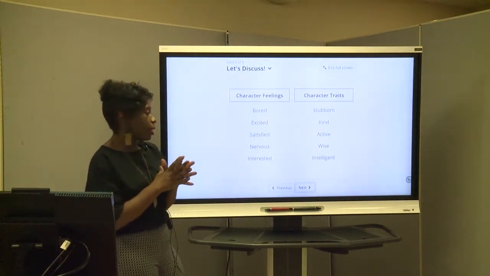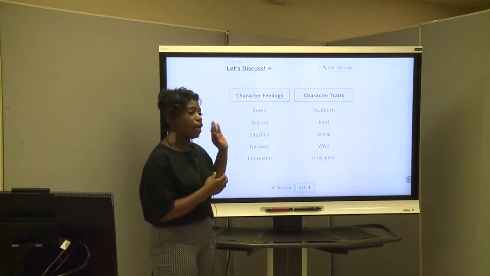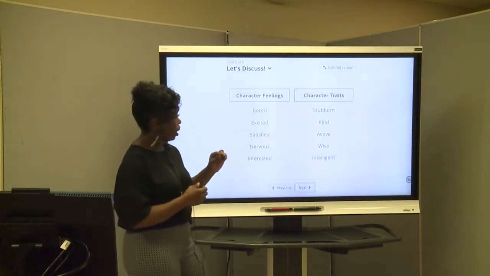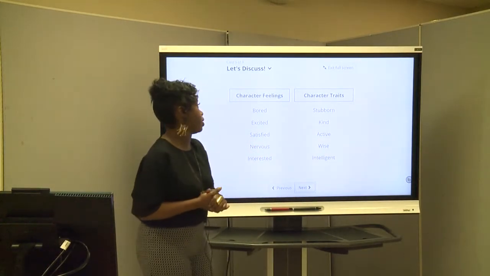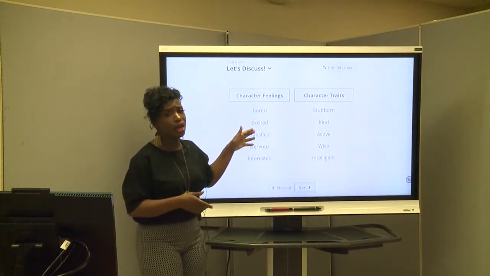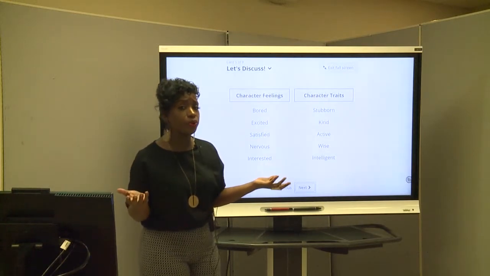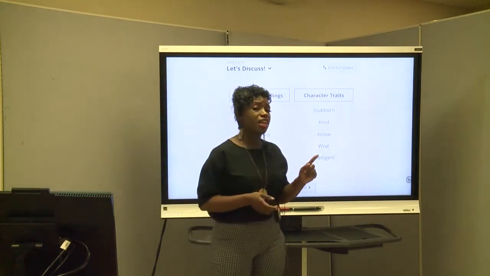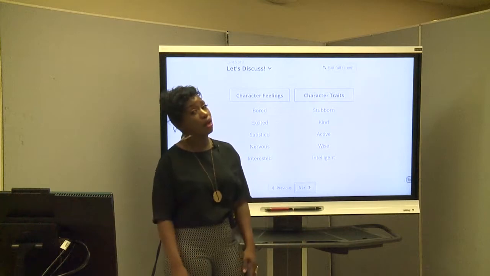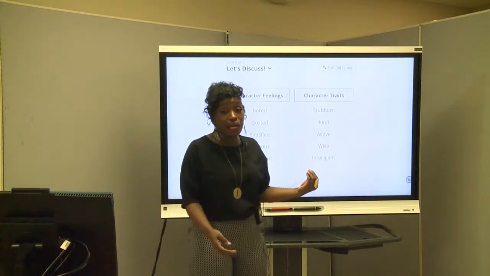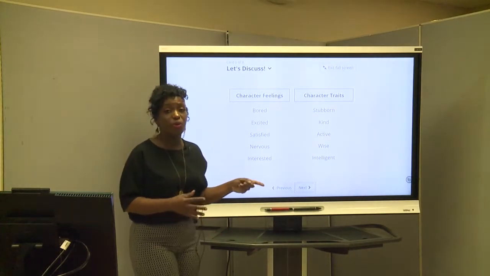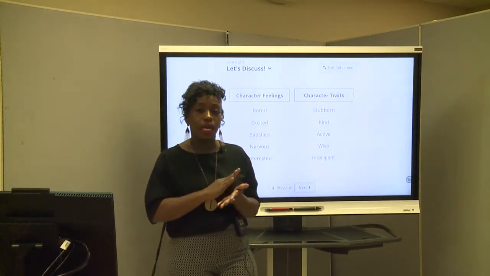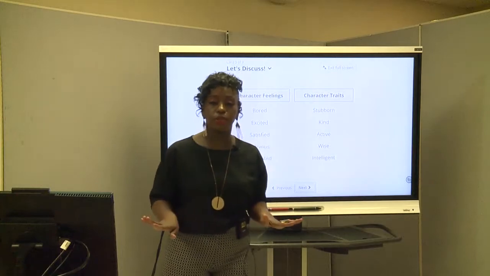So if you think about it and you say that feelings are kind of temporary and traits are more permanent, you're on the right path, because if I'm bored right now, I can get up and start doing something. I won't be bored anymore. But most of the time, if I'm stubborn, I'm stubborn all the time. Or if I'm kind, I'm kind all the time. If you're nervous right now before the test, as you start taking the test, your nerves may calm.